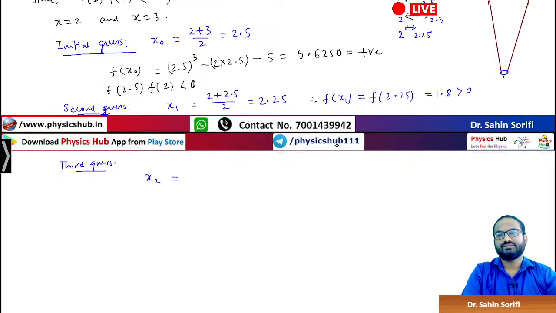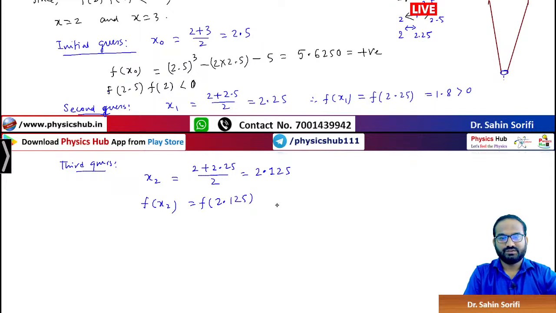X2 will be how much? 2 plus 2.25 divided by 2, so this will come out around 2.125. Then you will check the value of f of 2.125. This will come out positive, 0.3457, you can use the calculator.